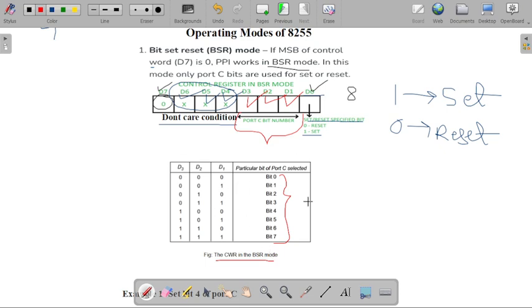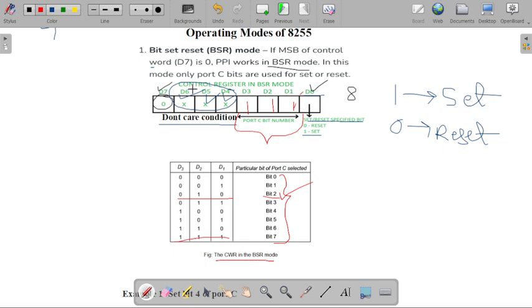Whenever I select bit number 2, the bits will be set as 0, 1, 0. If you have to set bit number 7, you write 1, 1 and 1.